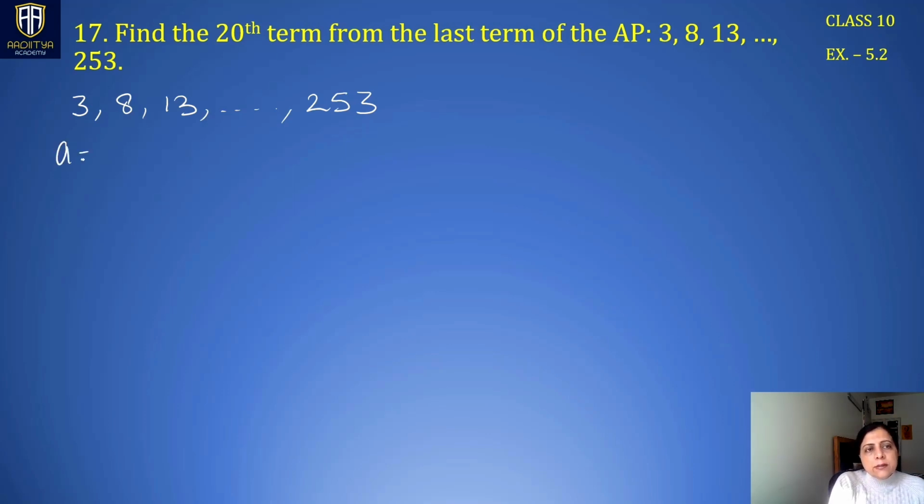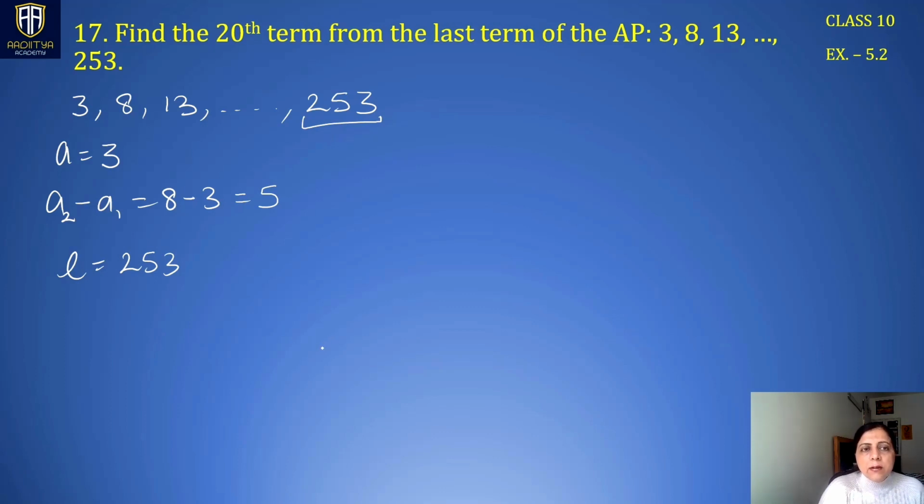So a here is 3, and for d, you can use a2 minus a1, which is 8 minus 3, that is 5. l is 253. See, the last term can be called a_n or the last term l. Now he is asking for the 20th term from the last. You have to go backwards and find which is the 20th term from this number.